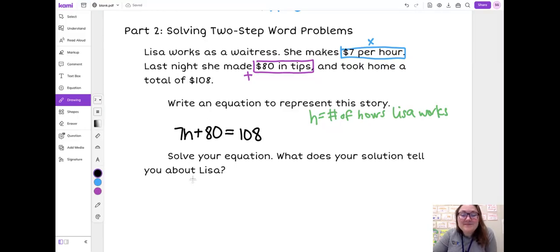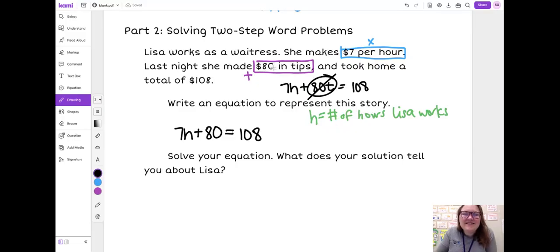I think the biggest mistake I see students make when they write these two-step equations is maybe doing something like this, saying $7 for each hour plus $80 in tips to get the total $108. I don't need a variable on 80 because that would mean we're multiplying the $80 in tips by something, and we're not.